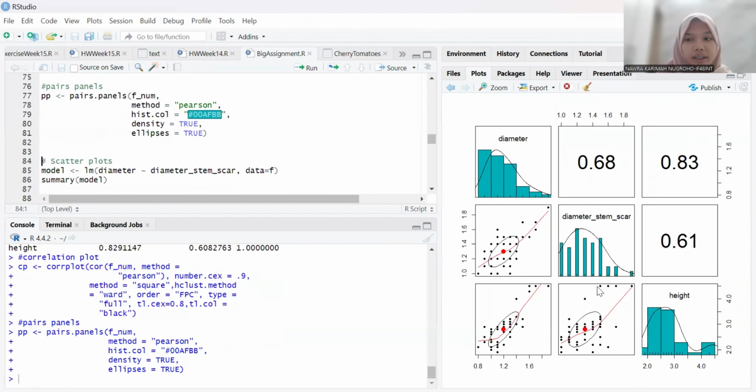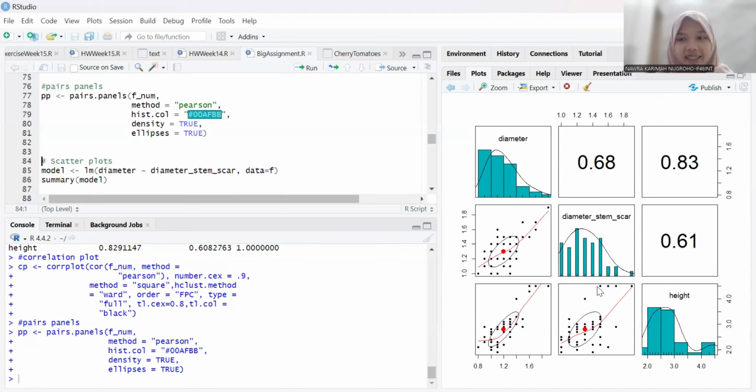The next one is the visualization of Pearce panels. These Pearce panels consist of correlation coefficients for each variable and also the scatter plot.